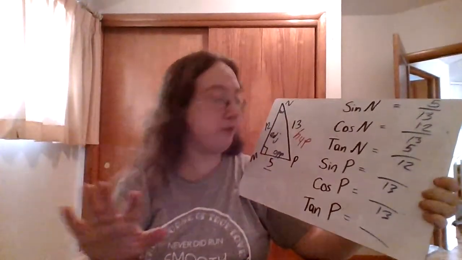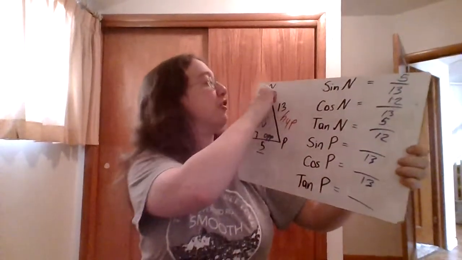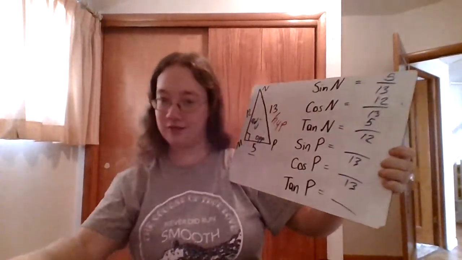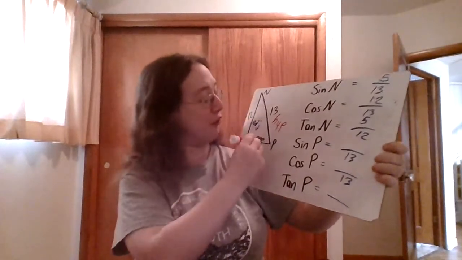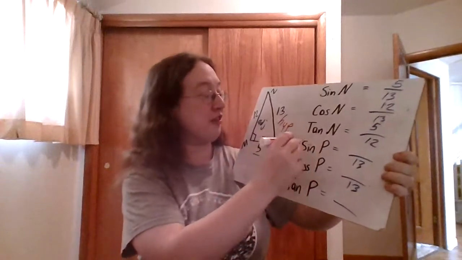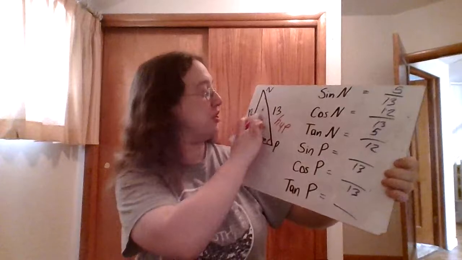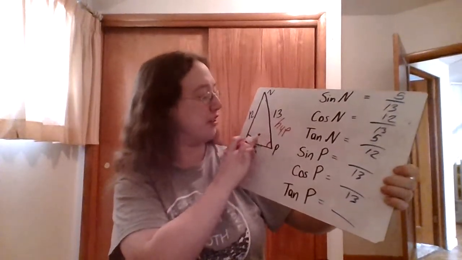And now we're going to flip-flop angles. So now we're talking about angle P. So watch out for which angle you're talking about there. If you're looking at angle P instead, then your sine is your opposite over your hypotenuse. So opposite and adjacent flip if we're talking about a different angle.